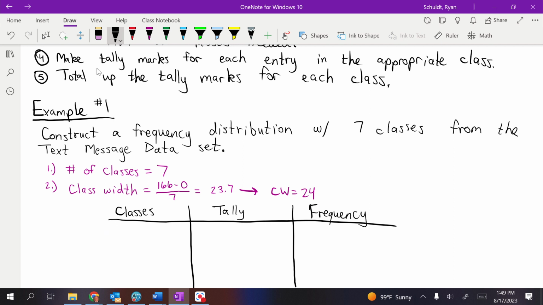I guess you could say this is step 3, this would be step 4, this would be step 5.